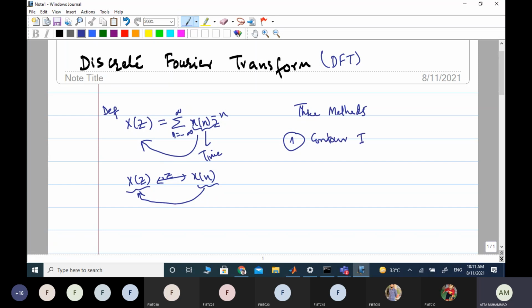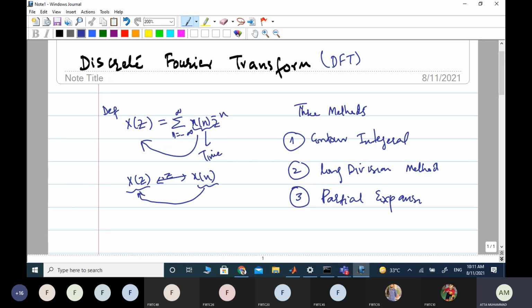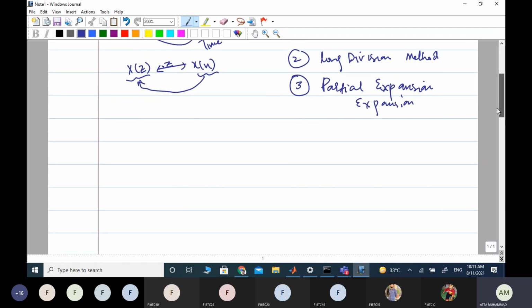We also derived this equation, right? And another method is long division method, right? And the last one was partial fraction, the easiest, and we saw how to use this partial fraction expansion to convert a Z transform signal back to a discrete time signal.